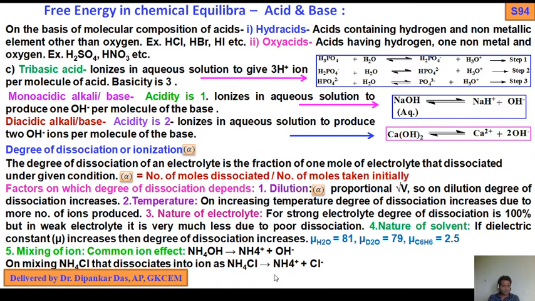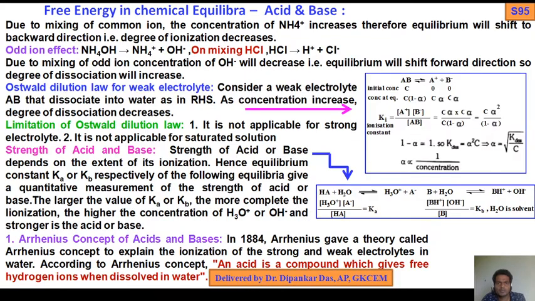Due to the presence of the common ion, the ammonium ion concentration increases on the right hand side. So the equilibrium will shift towards the left, or backward direction. So the degree of dissociation decreases according to Le Chatelier's principle. So due to the common ion, degree of dissociation decreases.